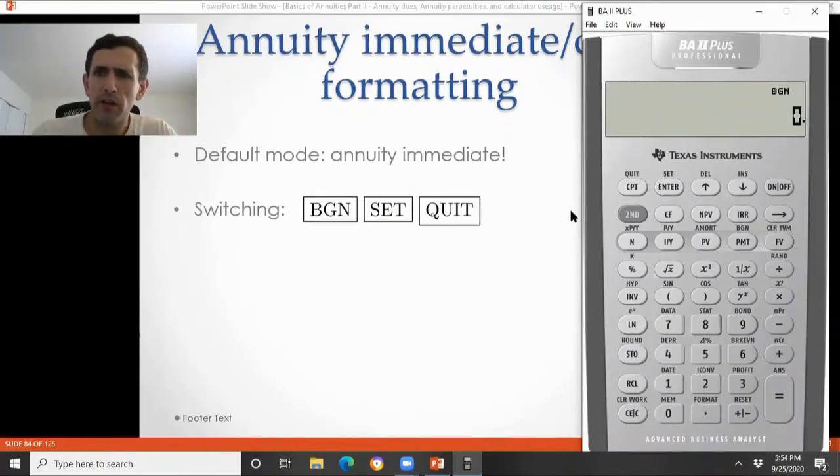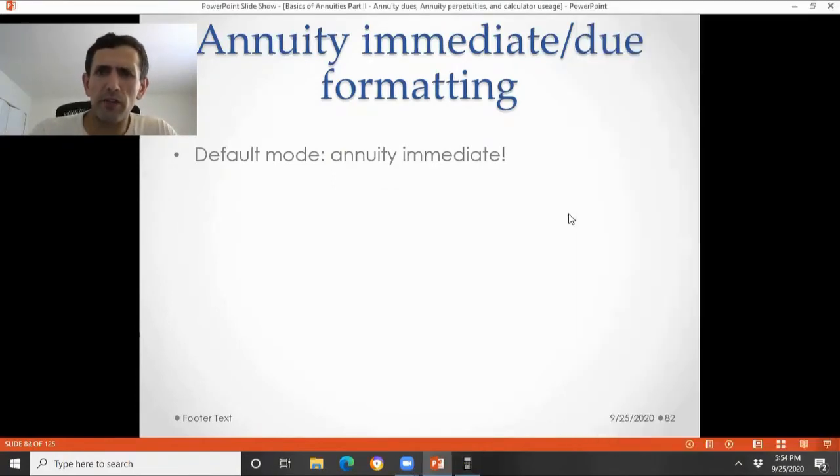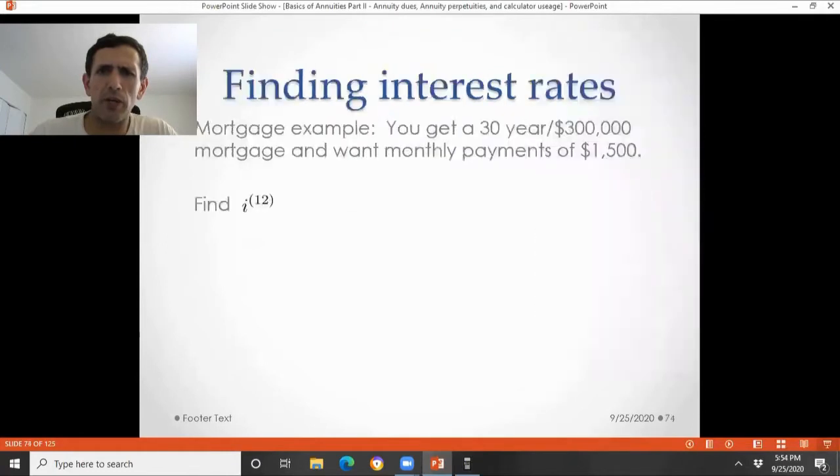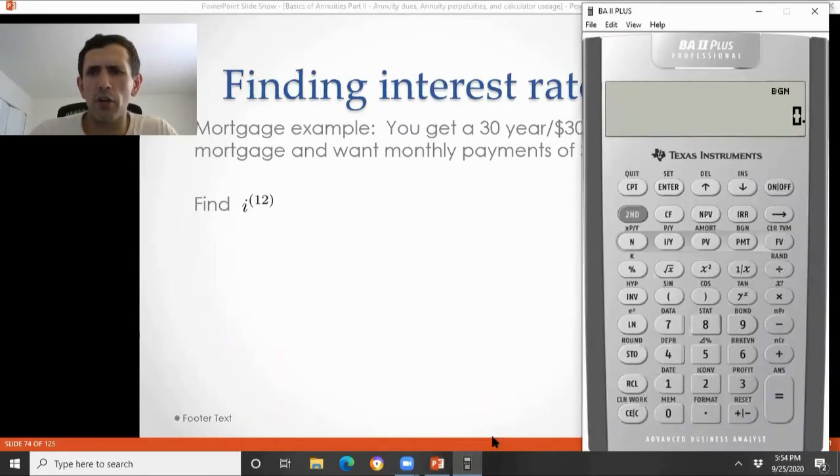All right, so let's go back to this problem and see how we get the answer. We're dealing with a loan here, so I don't want an annuity due. I do want an annuity immediate. So we do the same thing to switch back: go to begin, set.